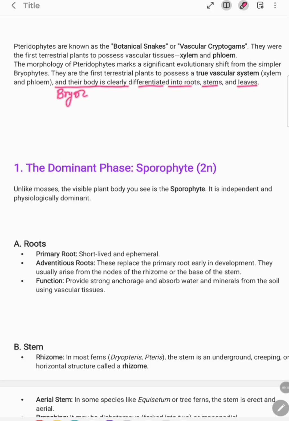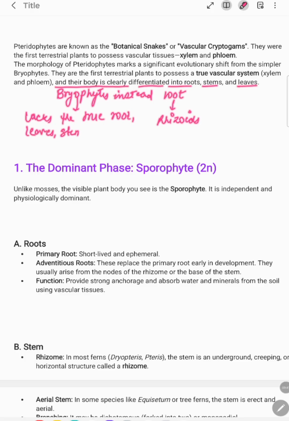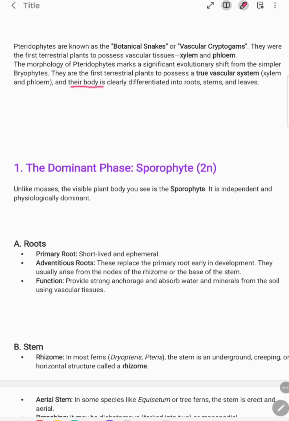Do you guys remember that in bryophytes, instead of roots, what we were having? We were having the rhizoids. The bryophyte lacks the true root, stem and leaves. But here the pteridophytes are clearly differentiated into roots, stem and leaves. So this was all about the introductory part of the pteridophytes.